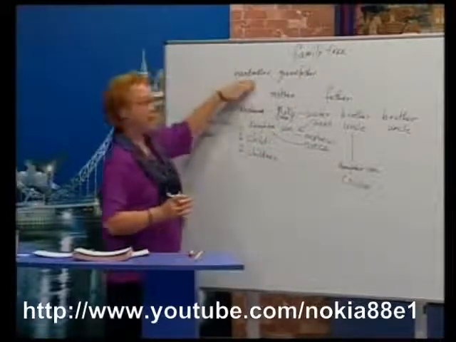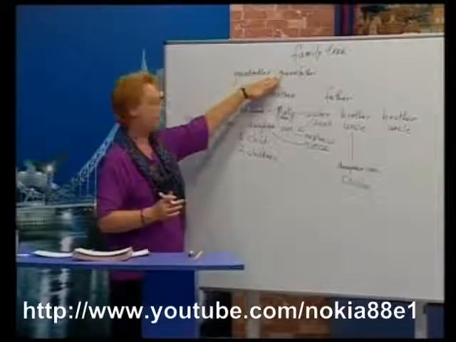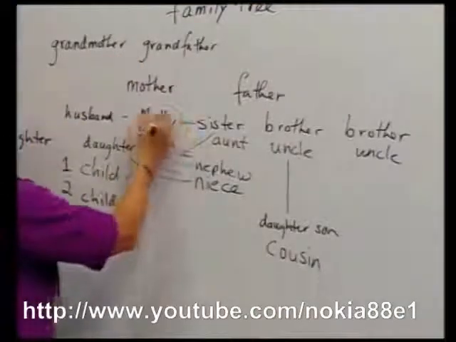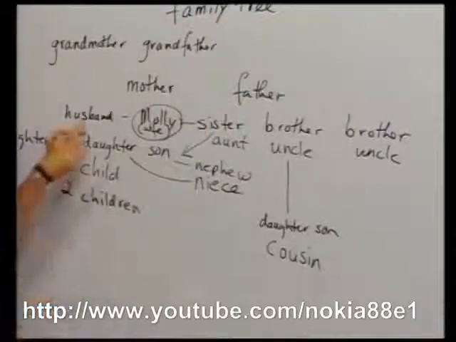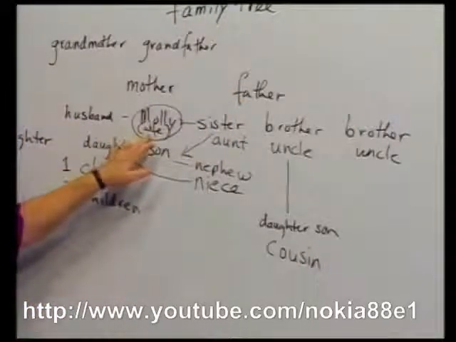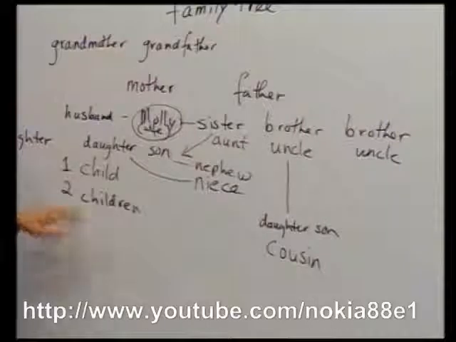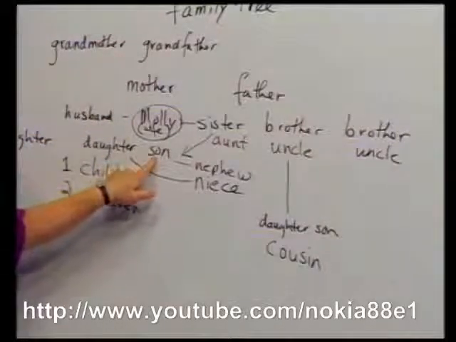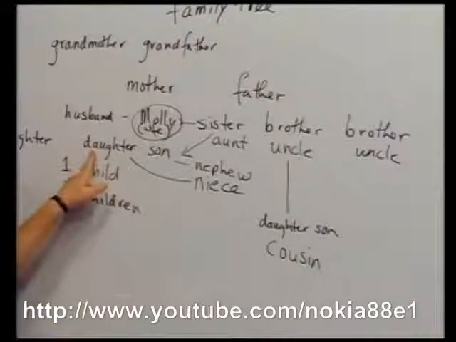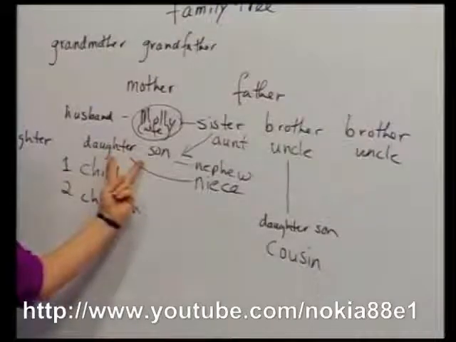So, grandmother, grandfather. Let's do this. Mother, father. Husband, wife. Husband and wife. Daughter, son. One child, two children.